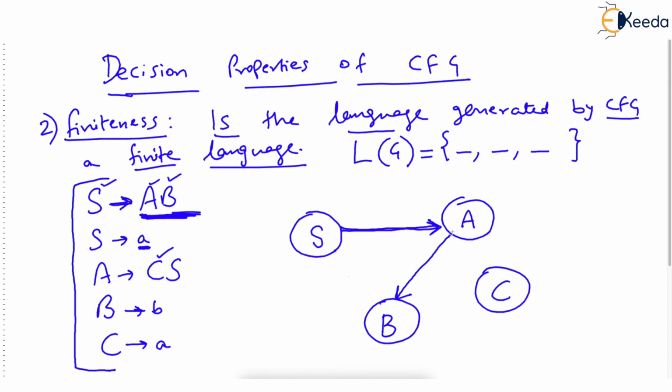Just see why A to B is connected: because S derives A and that is followed by B. So this can be read as S derives AB.